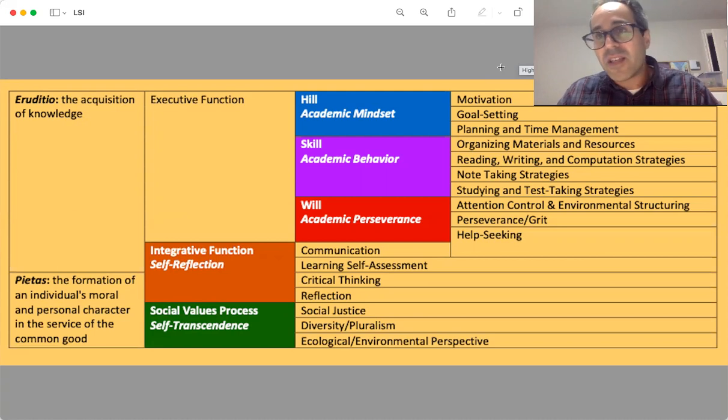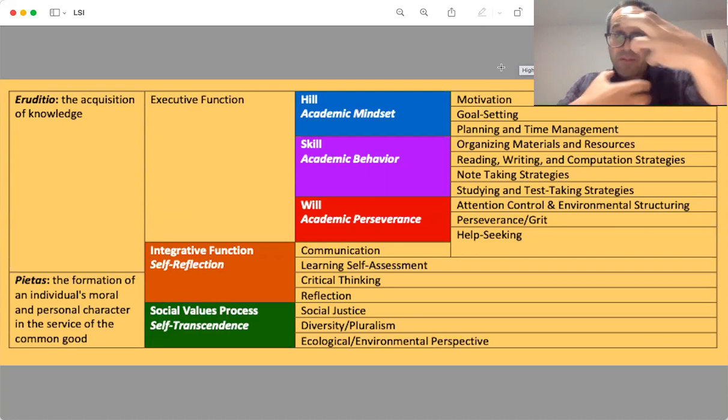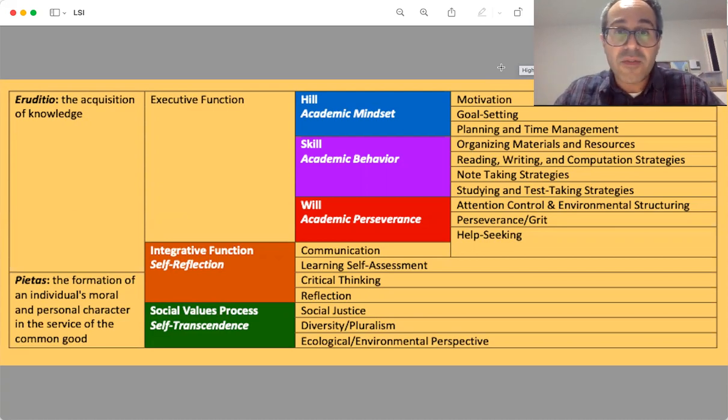And so we can see quickly, moving from left to right, in the knowledge individual component of this experience, we talk about hill, skill, will. The hill we climb, tied to the mindset that we have.